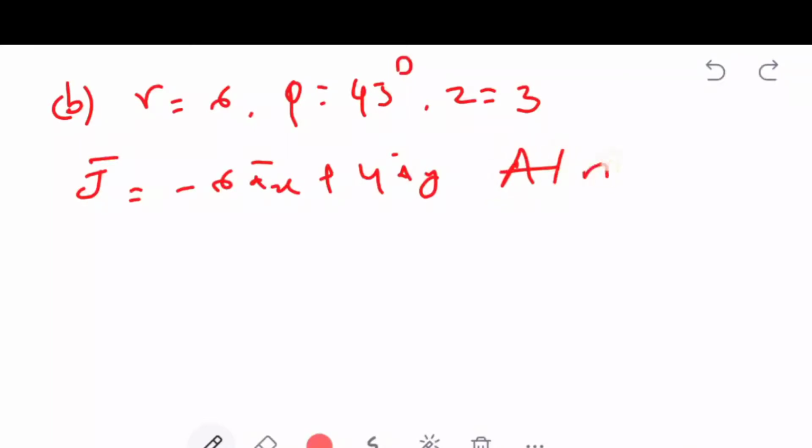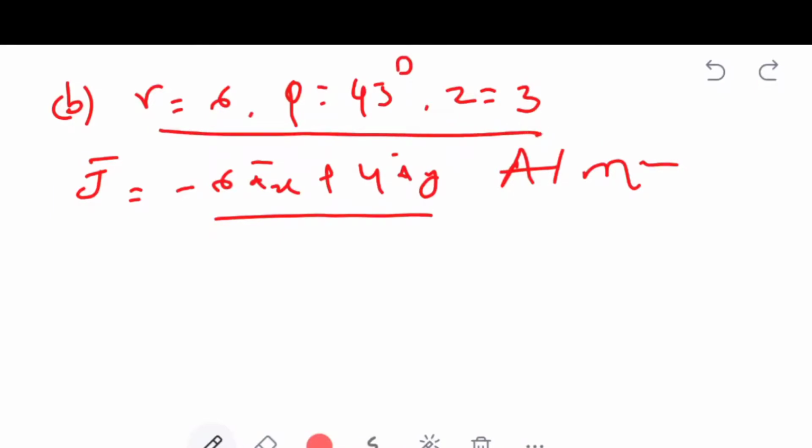This equation we have obtained previously. Already j bar is obtained in the Cartesian coordinate system like this. So we can convert to the given cylindrical coordinate system. The cylindrical coordinate system can be converted into the Cartesian coordinate system. The formula to calculate is very important. X equal to r cos phi.